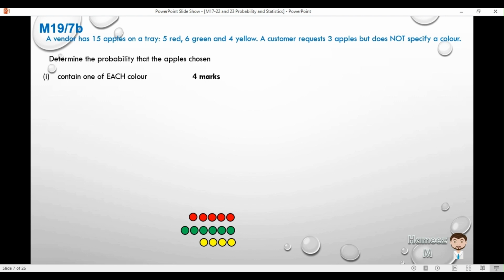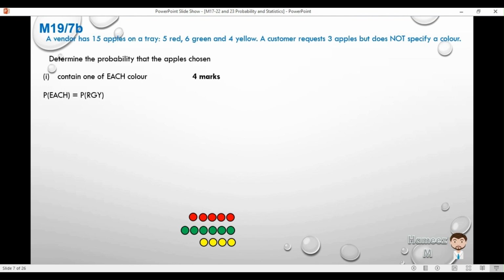Now, if we look at this question, it does not specify what order the apples are to be picked in. So there may be multiple ways to select one apple from each color, and we need to work that out. So let's consider the probability of selecting each of these.